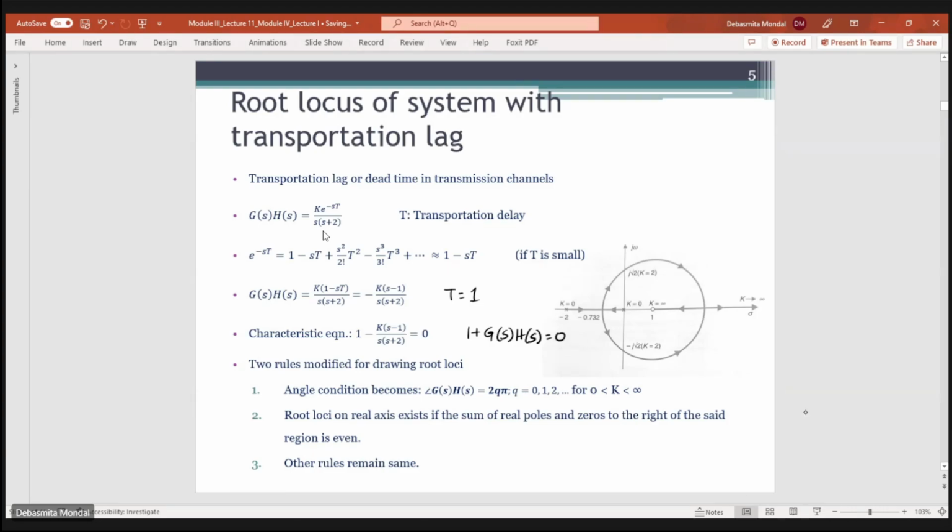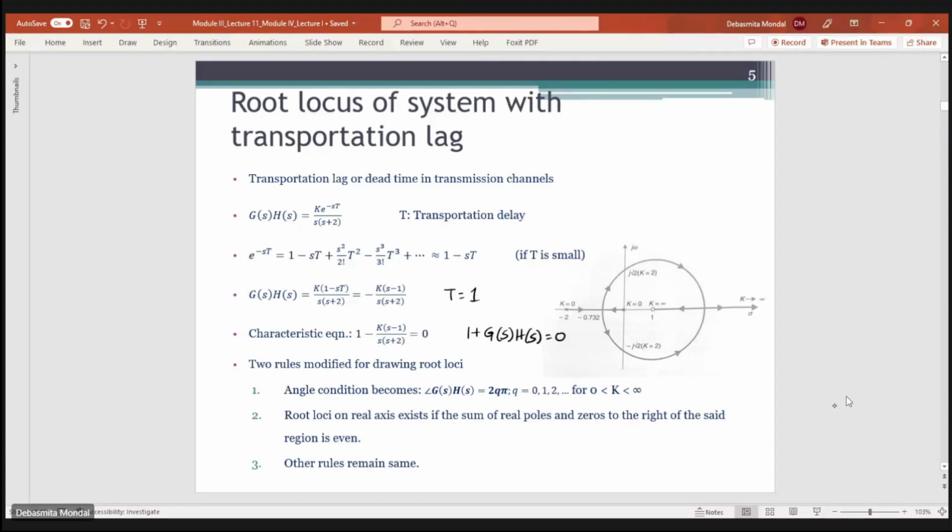Now, for drawing the root locus, we will follow all the rules which we have seen for the previous case, for the systems which do not involve any kind of delay. But there are two conditions which are modified while drawing the root locus of systems with delays. The first condition which needs to be modified is the angle condition.